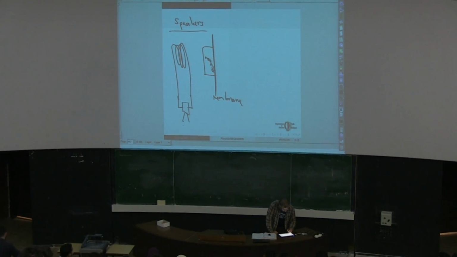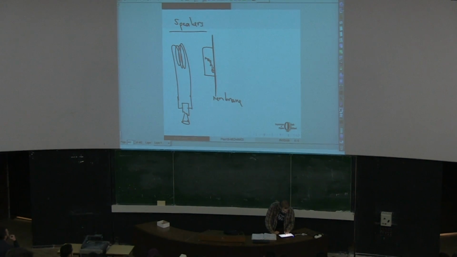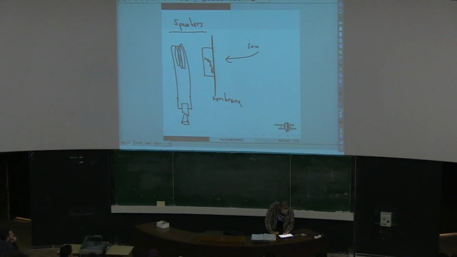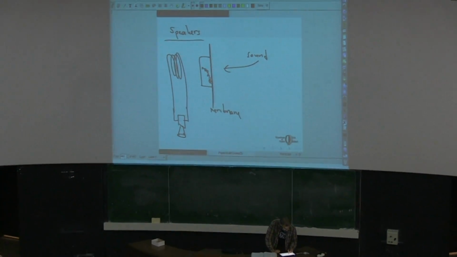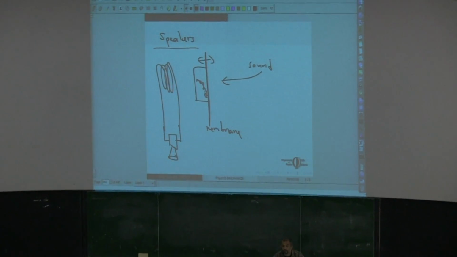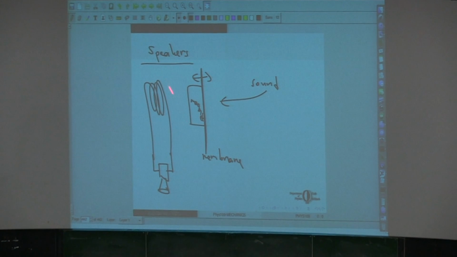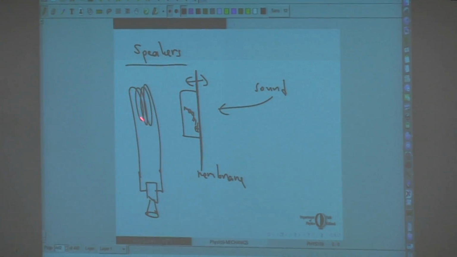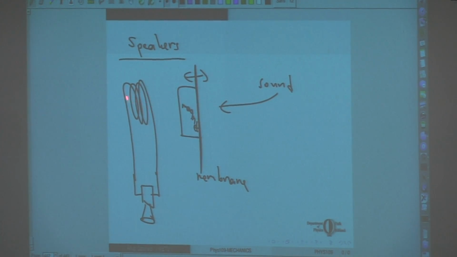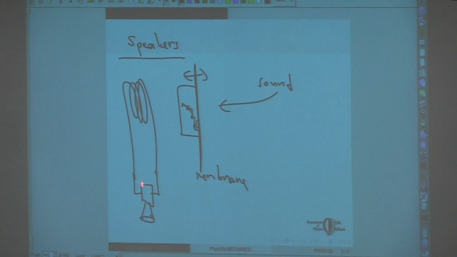And at the end of this coil, you can, let's say, attach a speaker. And when you speak, this membrane will be vibrating. When sound waves come, this membrane will be vibrating back and forth, moving this magnet, and hence there will be a changing magnetic field in your coil, and you will get a current running through your speaker, and the speaker will create a sound. That's the basic idea of a speaker.